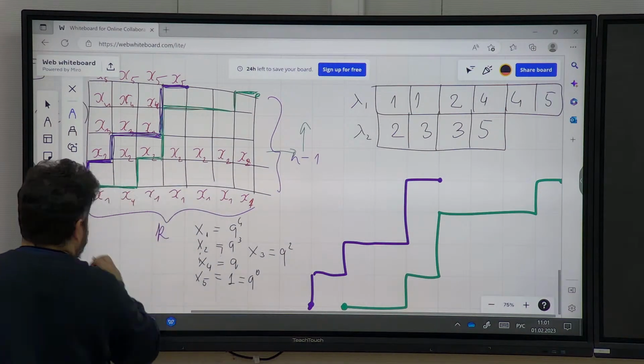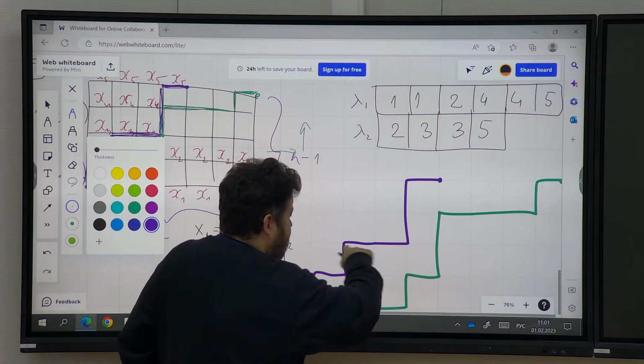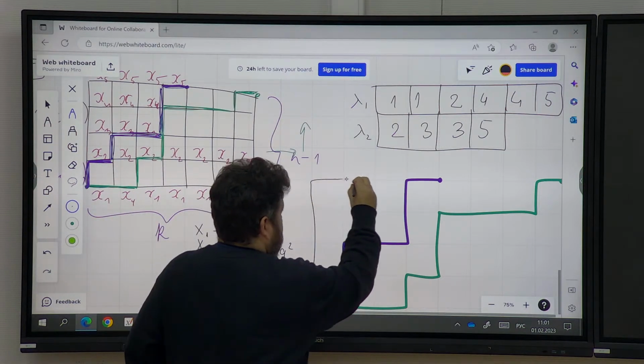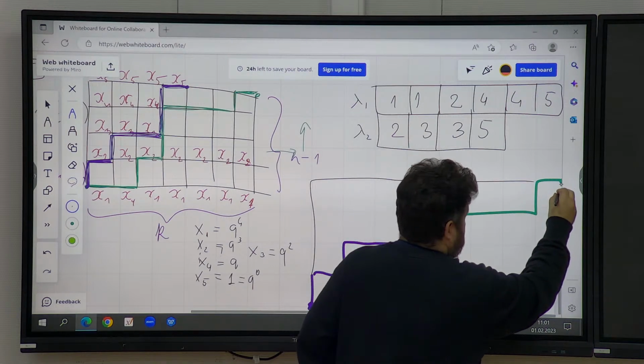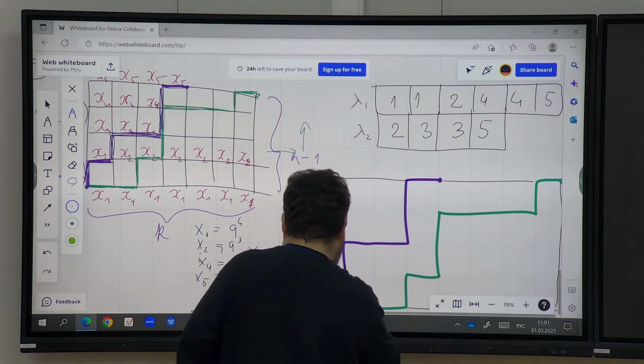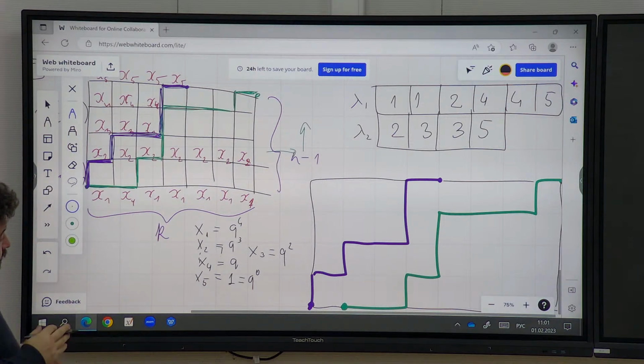So I've got x1 on the bottom row, x2 on the second one, etc. Yeah, and these paths do not intersect. So the question now is, I would like to compute the number of, well, not exactly the number of pairs of paths, but with weights.